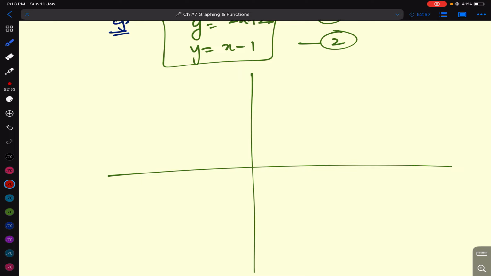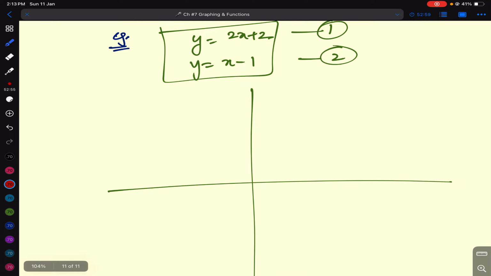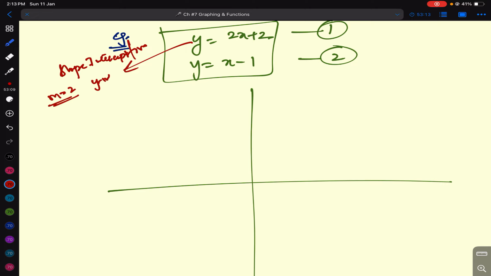I'm not going into much detail, or I'll solve it directly from the slope-intercept form. So I know that for the first one my slope is 2 and my y-intercept is also 2. Here my slope is 1 and the y-intercept is -1, right?